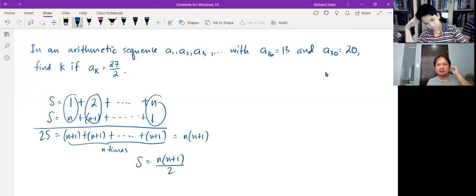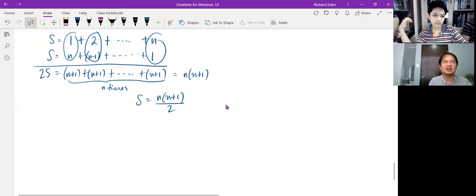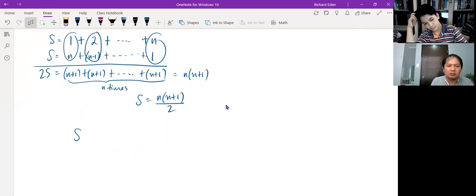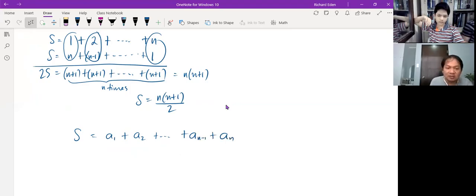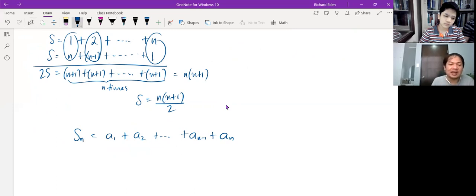Okay. Now, what about the sum of an arithmetic series in general? So say we are looking at a sub 1 plus a sub 2 plus ... plus a sub n minus 1 plus a sub n. Sometimes it's convenient to write a subscript, s sub n, to represent the fact that there are n terms that we're adding, or rather we are adding the first n terms.